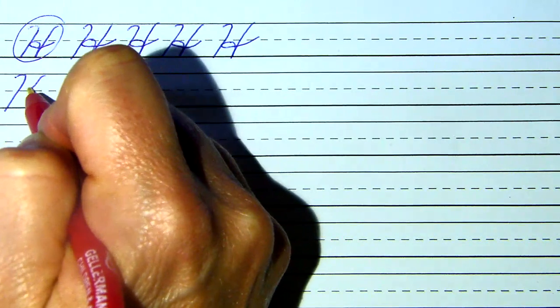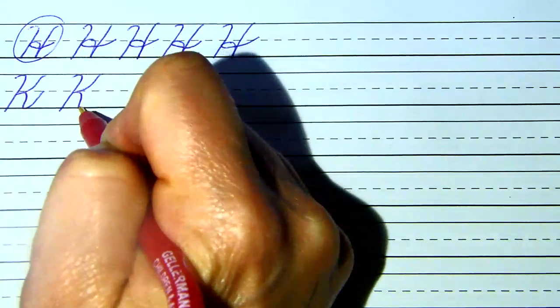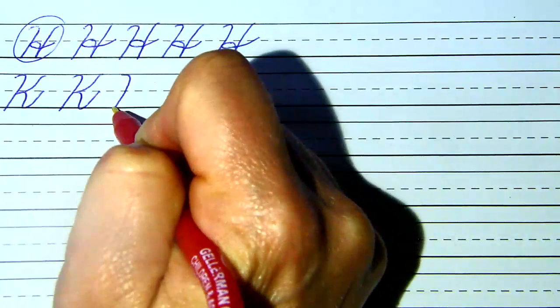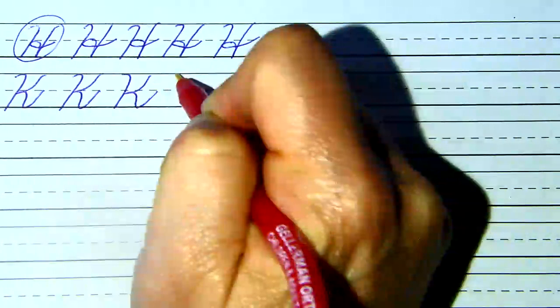Let me show you what uppercase K looks like on line paper. Curve forward, pull back, just like the H. You take your pen off the page, just like the H, and watch. It gets a curve in, curve out, undercurve. Curve in, curve out, undercurve.